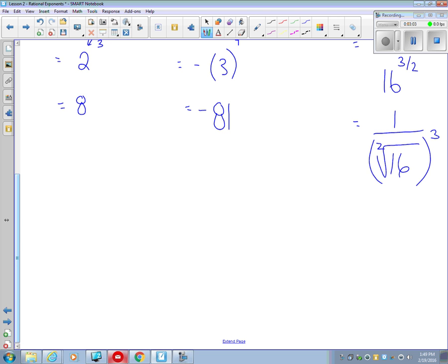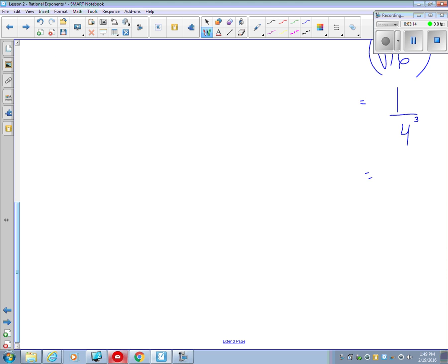My exponent is 3. What is the square root of 16? That number is 4. But I still need that 3 out there. I haven't dealt with that yet. And 4 to the power of 3 is 1 over 64. One of the common mistakes is people start losing this 1 right here. Make sure you carry it all the way down, because when you flipped it over at the beginning, it became a fraction.